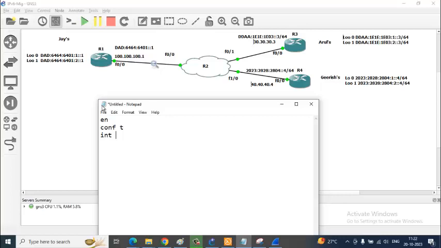Now I have two loopbacks. DDAA:64:64:6401::1/64. Interface Loopback 1, the same address with 2.